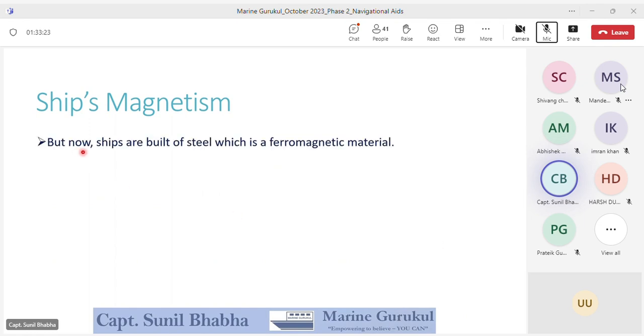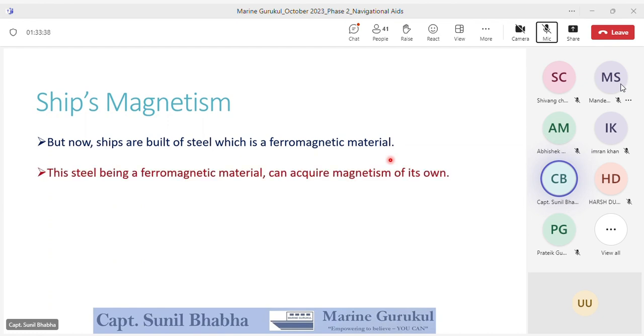But nowadays, ships are being built of steel, which is a ferromagnetic material. Steel or mild steel or iron is a ferromagnetic material and it has the capability to acquire magnetism. We have seen in the previous slides that two types of magnetism can be generated in ferromagnetic substances.